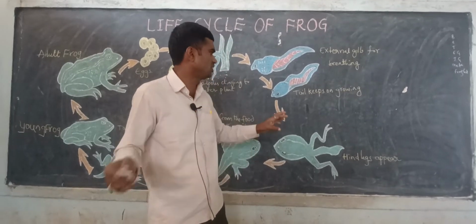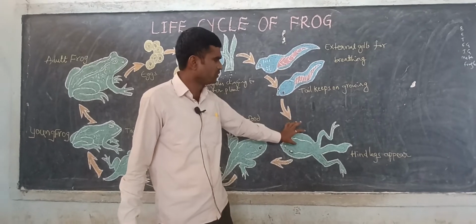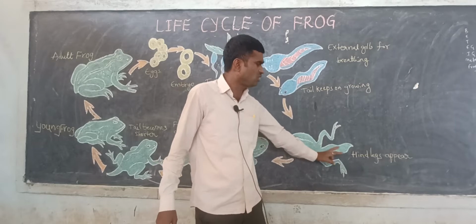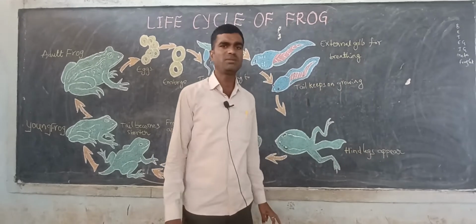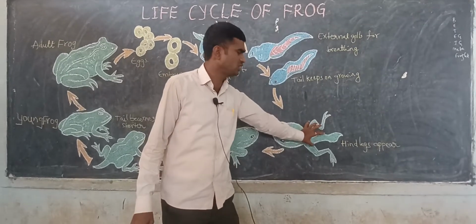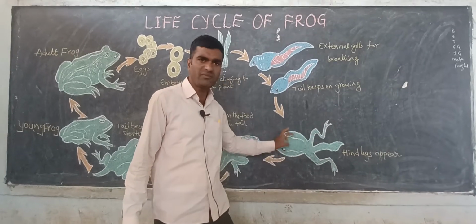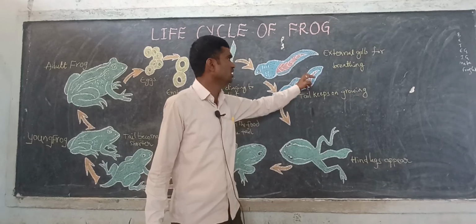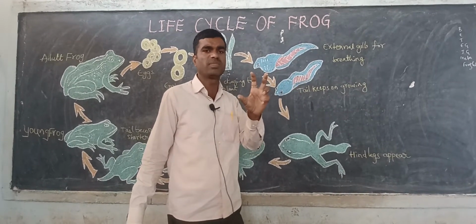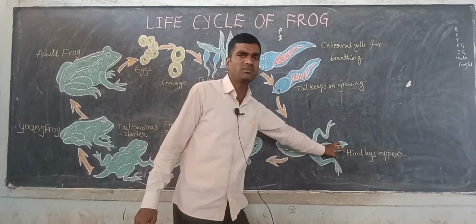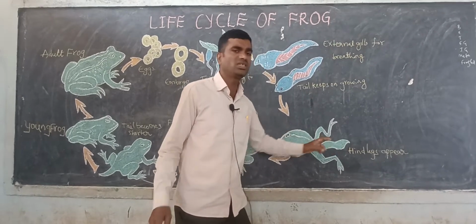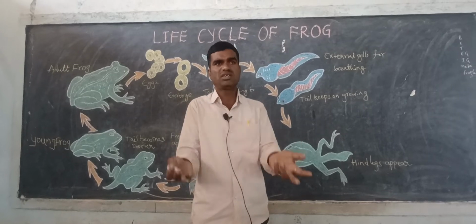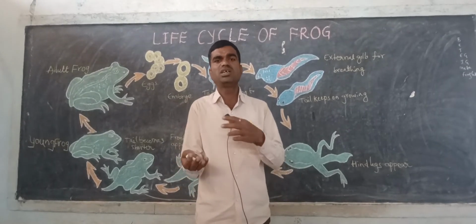Next, after the tadpole stage, the next stage is called the hind legs appearing stage. See here in this picture, it is very clear: not forelimbs, but hind limbs are forming. Here it contains a complete tail, but the tail is somewhat reducing whenever the hind limbs are forming and coming outside.